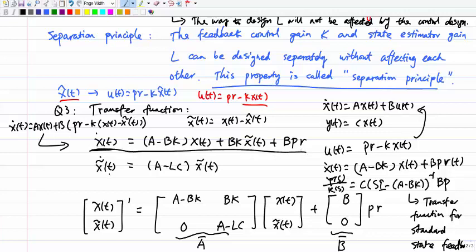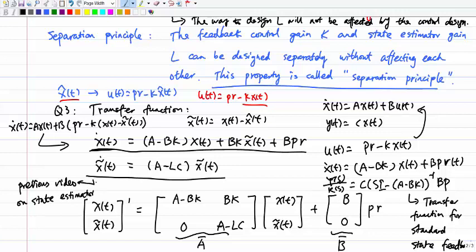The second equation is the dynamics of the estimation error: x tilde dot t is (A minus LC) x tilde t. This derivative is given in the previous video on state estimator, so you can check my video on state estimator to understand why that's the relationship.